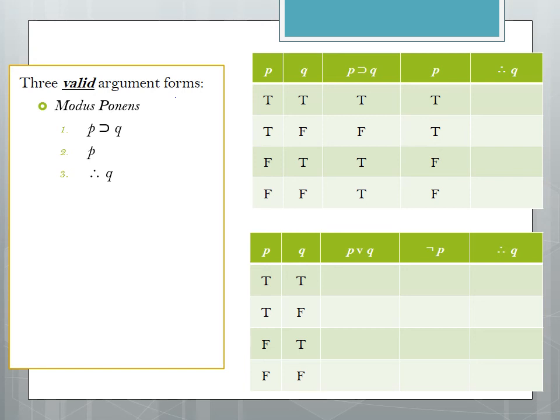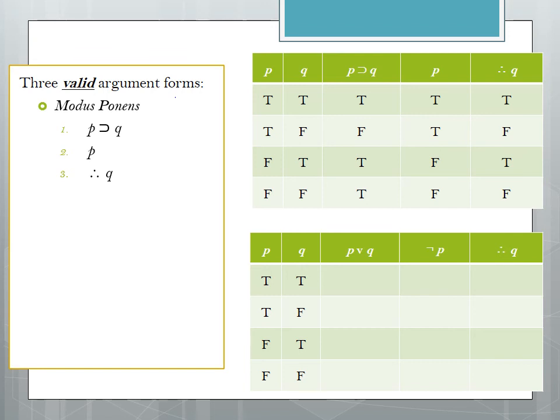And then finally, Q is again just replicated from the base columns. If we look at the base columns, then Q is true on rows 1 and 3, false on rows 2 and 4, so that's how we evaluate Q when it appears as the conclusion.